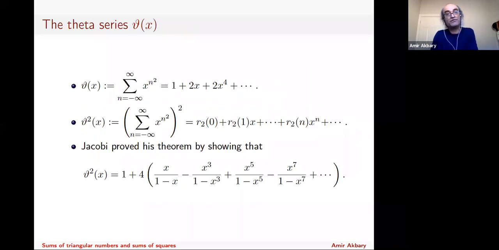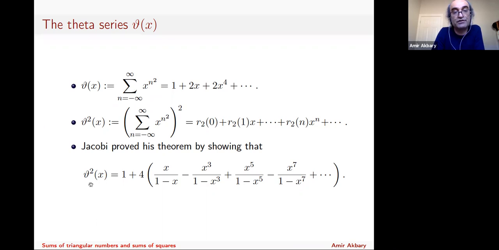How did Jacobi prove this? The main tool that he used is something we call the theta function, which is the generating function of squares. Here x is just a variable, and if you consider this infinite series of x to the power n squared, you get this generating function. You raise it to the power 2, and you see that the coefficient of x to the power n is going to be r_2(n).